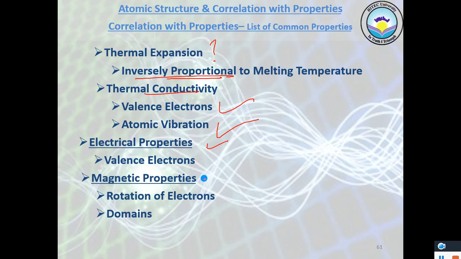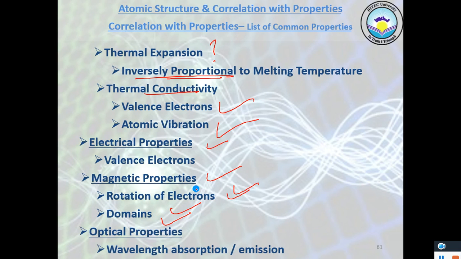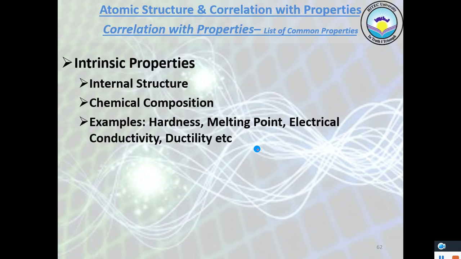For magnetic property, the higher the rotation of atoms and spinning of electrons, the higher the magnetic property; the magnetic quantum number will be higher, and in these domains magnetic properties will be higher. For optical properties, wavelength absorption and emission again depend upon the arrangement of atoms.